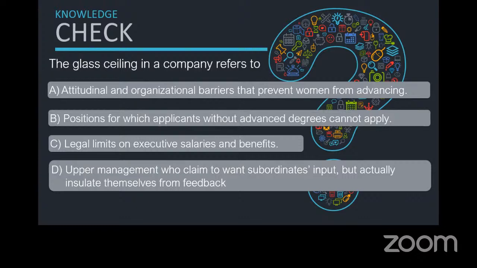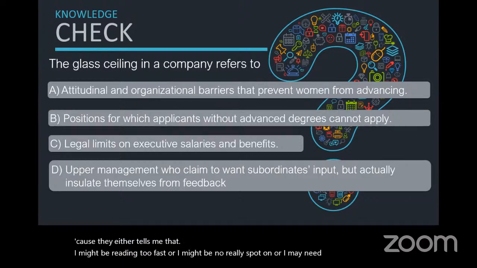All right. Well, I love what I'm seeing. I love unanimous answers because that tells me either that I might be reading too fast, or I might be really spot on, or I may need to cover a little bit more information in detail.